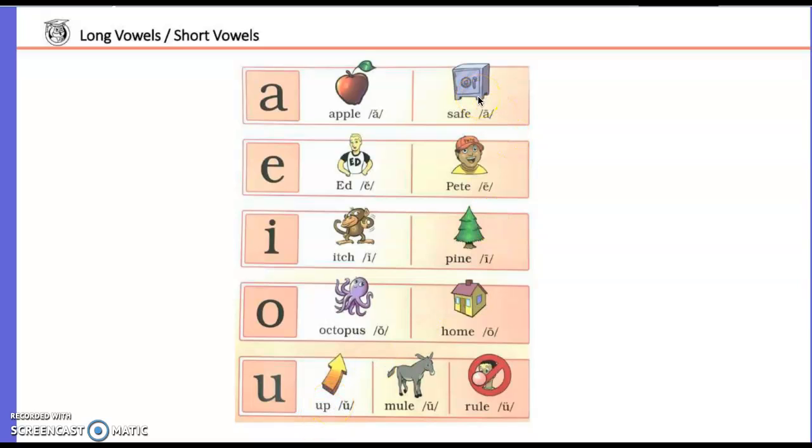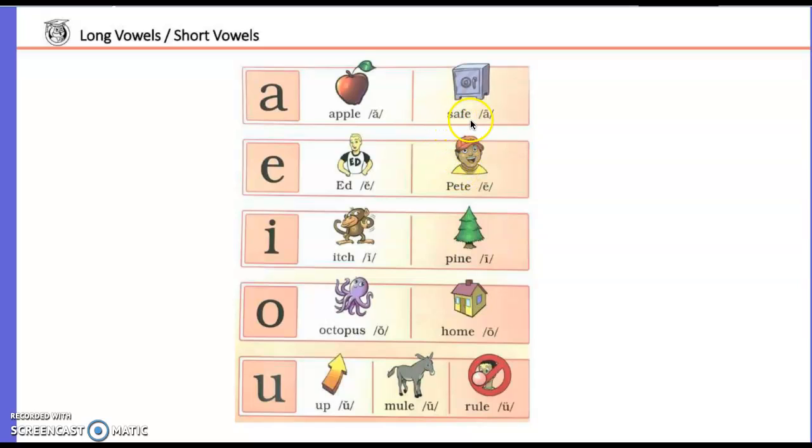Now let's do the long vowel sounds. We just did the short vowel sounds two times today. You notice how each of these long vowel sounds have an E at the end. That sneaky E gives the vowel its long name.